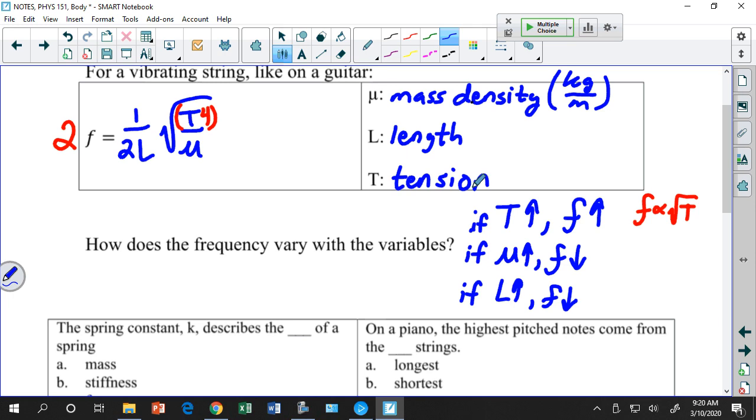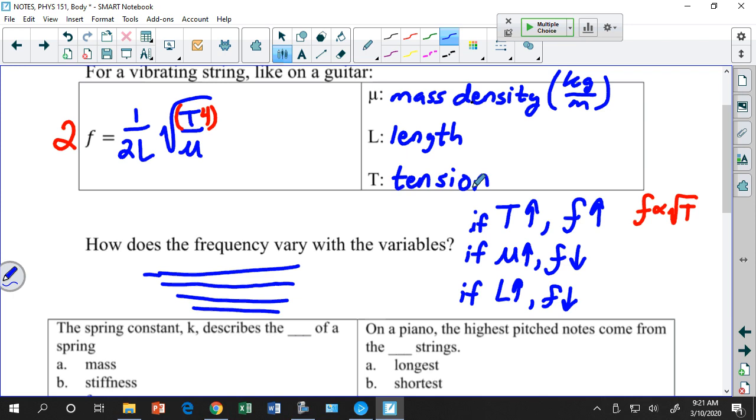By the way, the length, if you look at a guitar, can I draw a guitar? No, I'll just draw the strings. If you look at a guitar, the strings are actually all different lengths. That's why the tuning keys on the neck of a guitar are all at different positions, because the strings are different lengths.